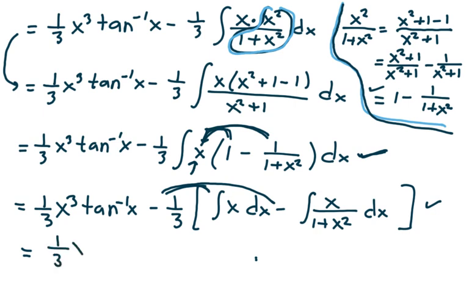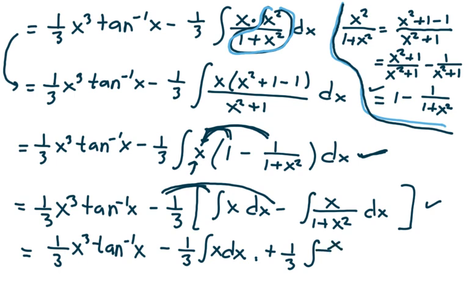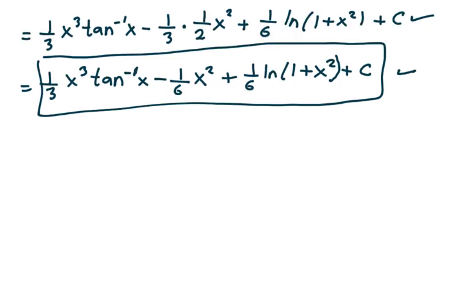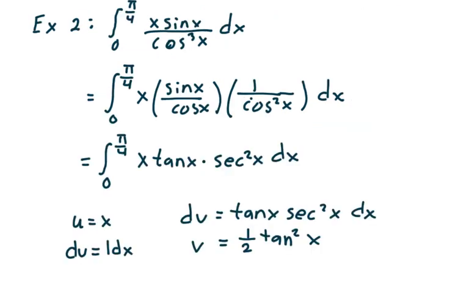Just remember, we get 1/3 x cubed arctangent x minus 1/3 the integral of x dx plus 1/3 the integral of x over 1 plus x squared dx. And then this line follows very well, and then hence the answer. And this is example 1.